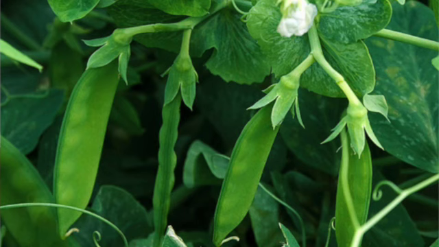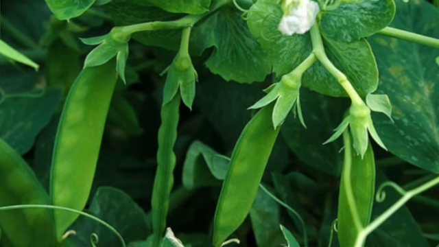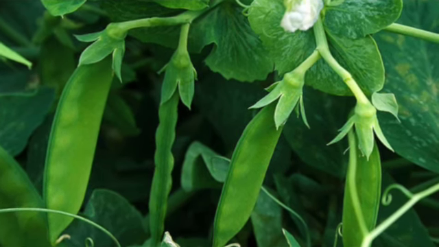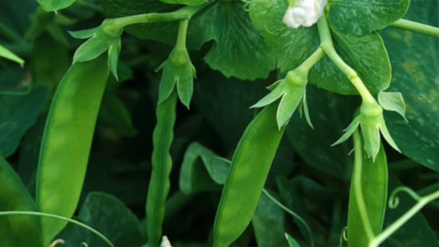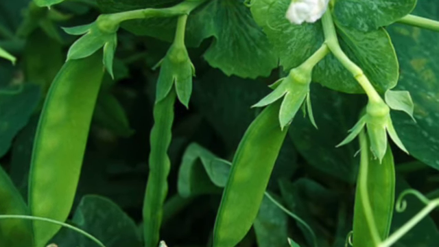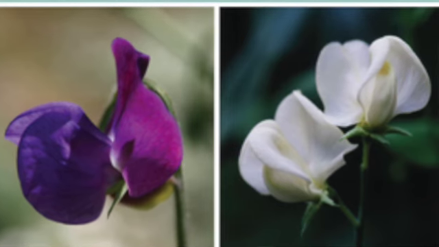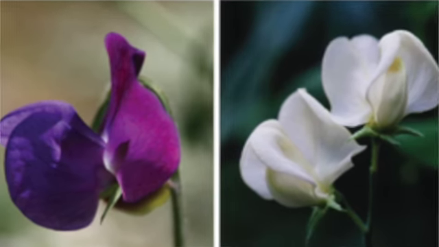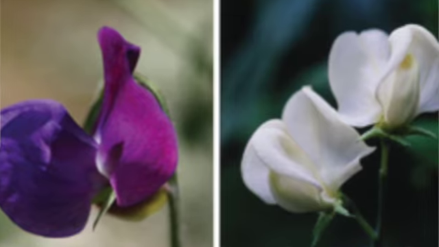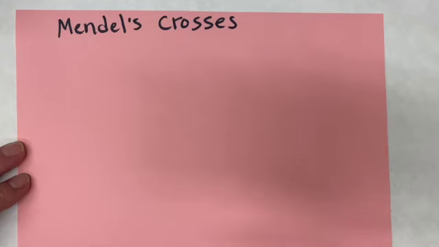Mendel used pea plants, and pea plants are great to use because they are quick to reproduce. You can get several generations in a single growing season, and they have very distinct traits. The trait that we're going to use is flower color. In pea plants, flowers can either be purple or white.